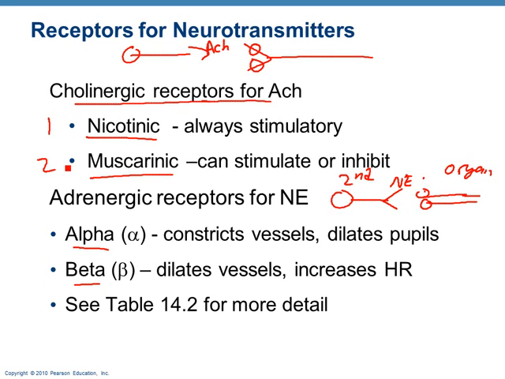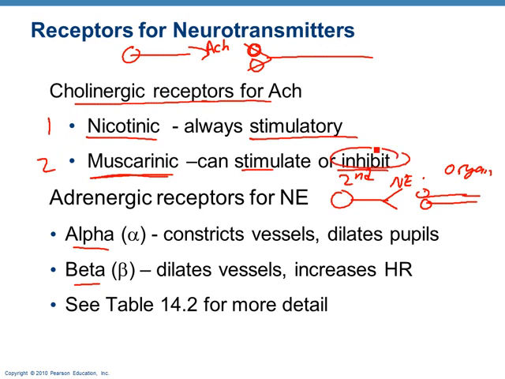Nicotinic reminds you of nicotine, so smoking, that's the same chemical. Nicotine, when it binds to a cholinergic receptor, is always stimulatory. When a muscarinic receptor is bound, it can be stimulatory or inhibitory, more inhibitory than stimulatory, but it can be both.